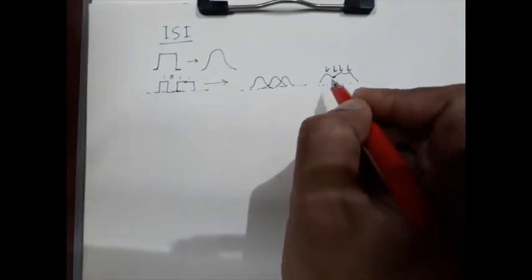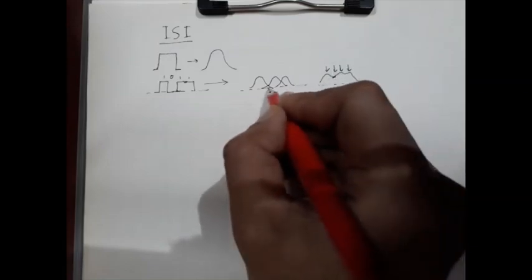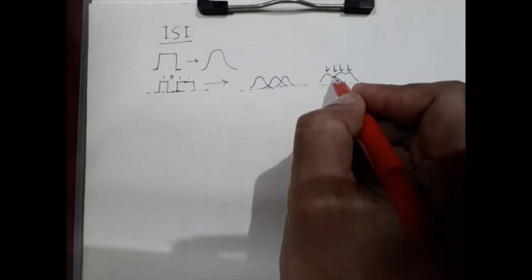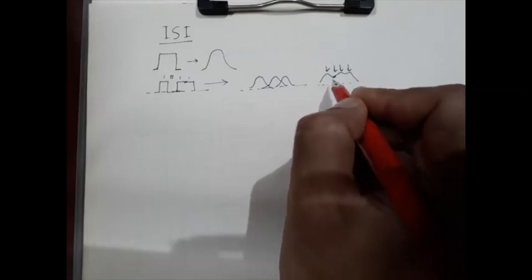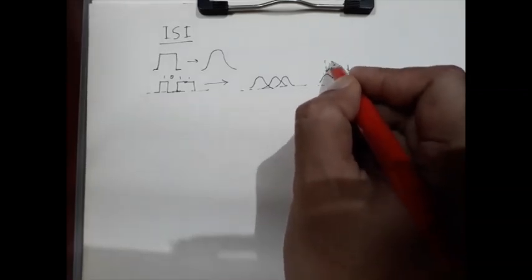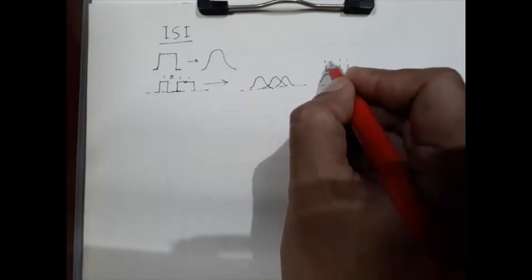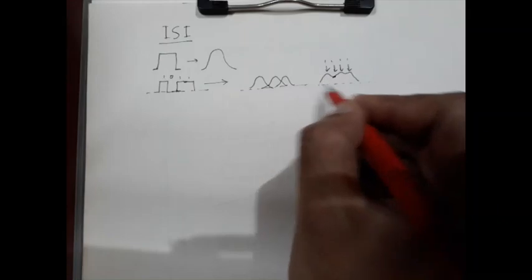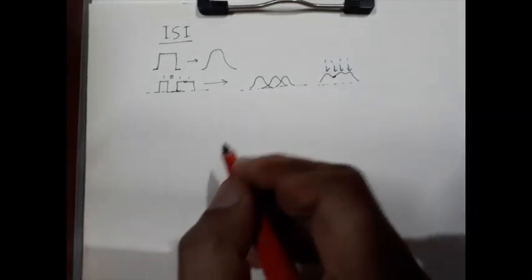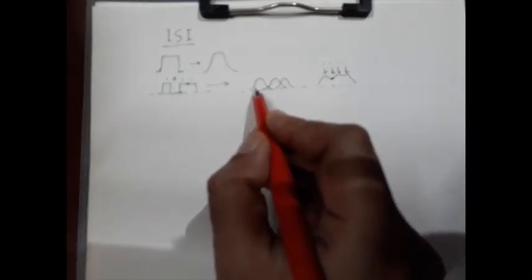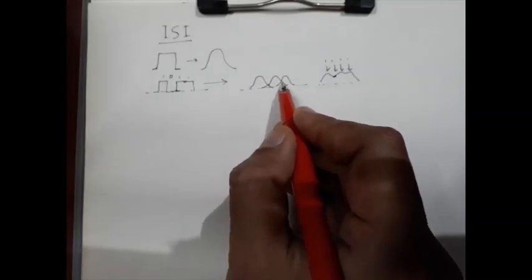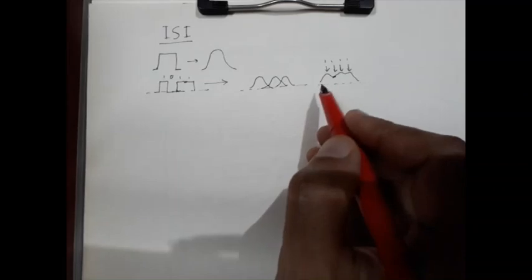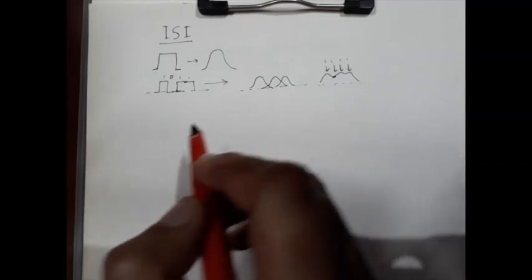It may have a certain value, it may cross, because of this smearing or spreading of the pulse, this particular sample may cross the threshold voltage, so the received signal will be 1111 instead of 1011. So this phenomenon is the inter-symbol interference. That means because of the spreading of pulses, if we receive an erroneous signal, then it is the ISI. That is the actual effect of ISI.